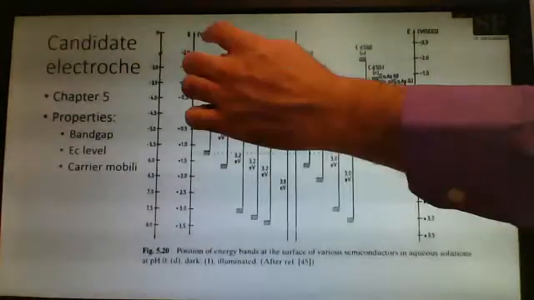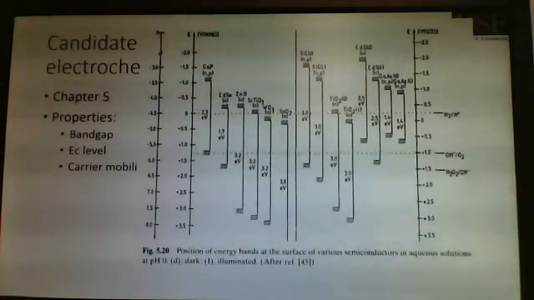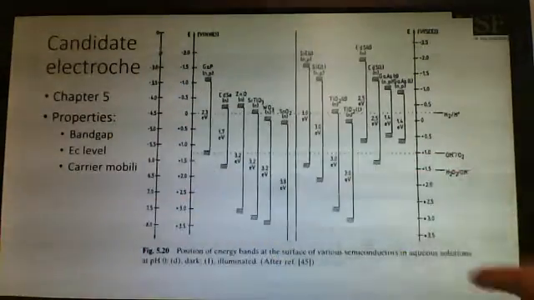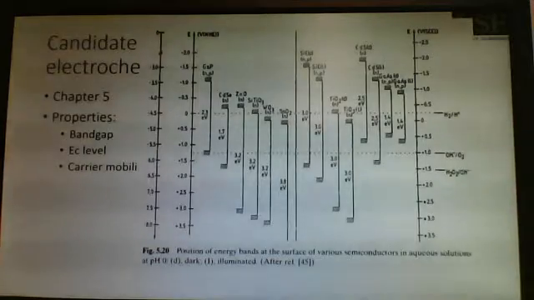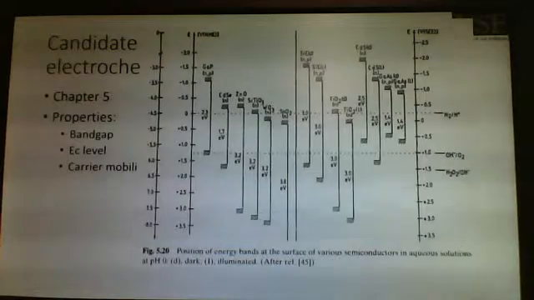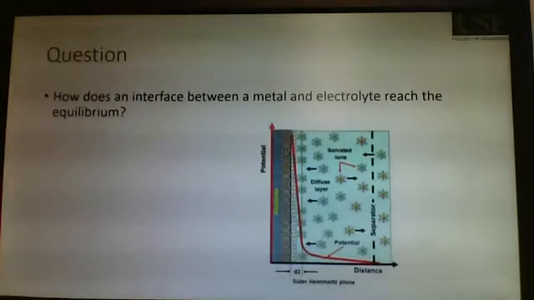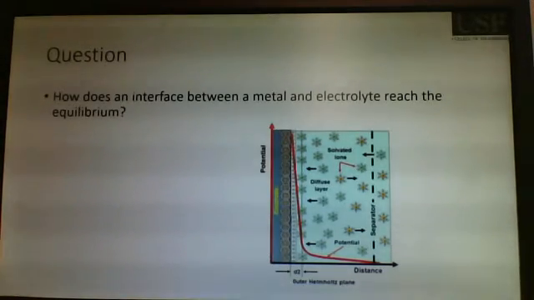So practically, if we know the electrochemical potential of a reaction from this sort of chart, we can find out the position of that electrochemical reaction with respect to the bands and the Fermi level in the electrode. So we're going to use that to study junctions between semiconductors and electrolyte.